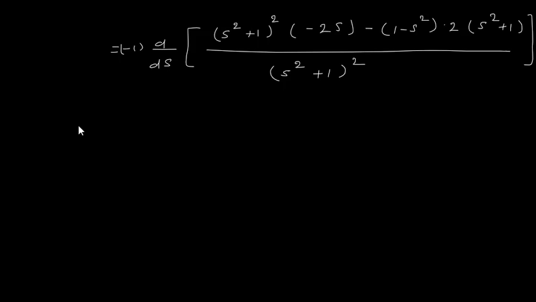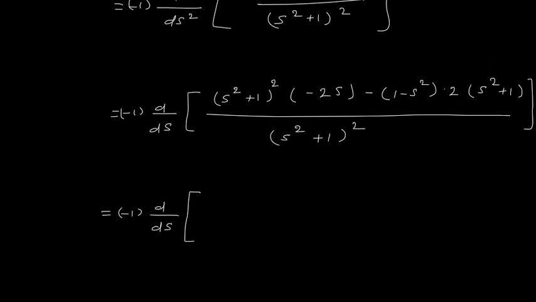So this will give me, this is equal to minus 1 d upon ds. Now here it is s square plus 1. If you see, you can take common. Okay, let me see. Denominator I have to write s square plus 1 the whole power 4. Okay, because s square plus 1 the whole square, again I will do square.